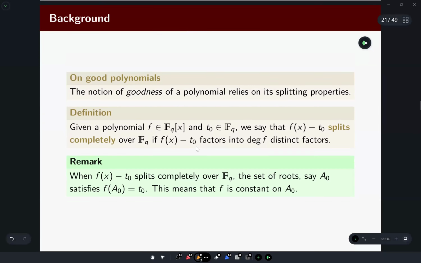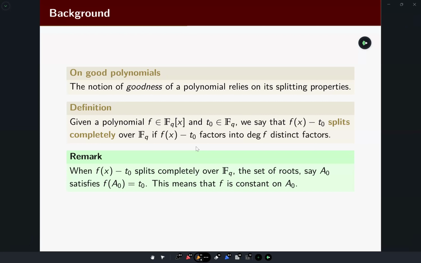But what is important is that this property relates to the property of a polynomial to split completely. We say that a polynomial f(x) − t₀ in F_q[x] splits completely if it splits into deg(f) distinct factors.